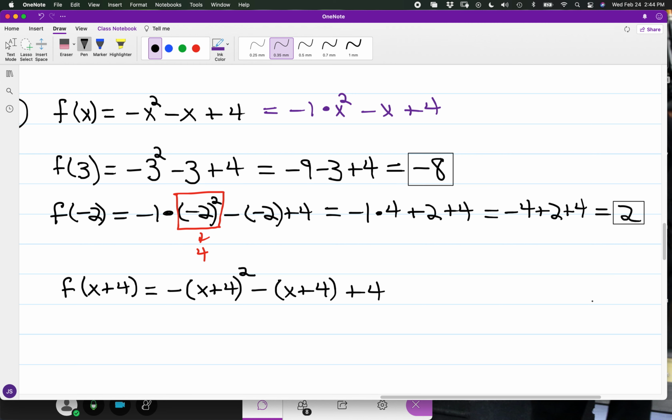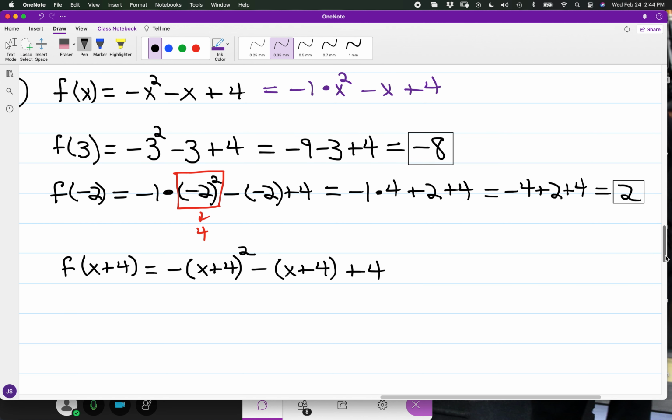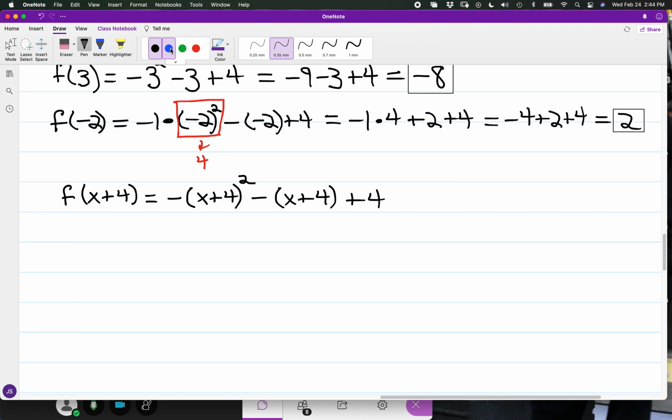So I got the negative of the input squared. Now, let me mention, I'm just going to work down. On the side here, so we have x plus 4 squared. Okay, so we have x plus 4 times x plus 4.